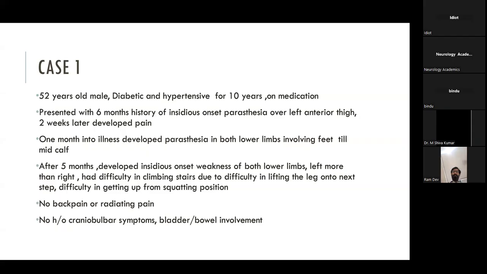After 5 months, he developed insidious onset weakness of both lower limbs, left more than right, had difficulty in climbing stairs due to difficulty in lifting the leg onto the next step, and difficulty in getting up from squatting position. There was no history of back pain or radiating pain, no craniobulbar symptoms, and no bladder or bowel involvement.